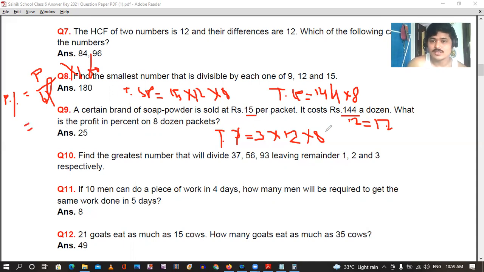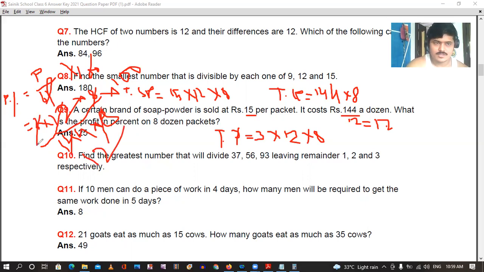I'll go ahead and do 3 into 12 into 8 divided by my cost price, which is 144 into 8, into 100. 8 cancels out. 12 into 12 is 144. 3 into 4 is 12, and 4 divides 100 25 times.